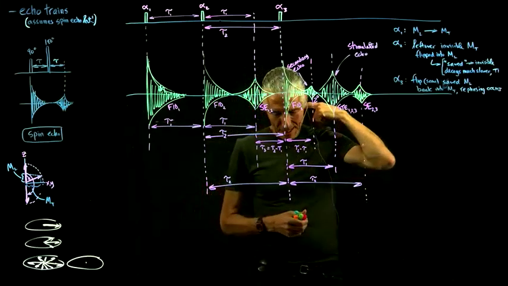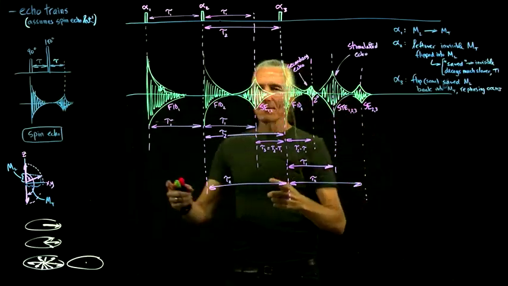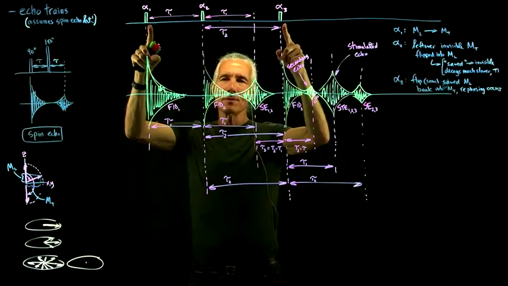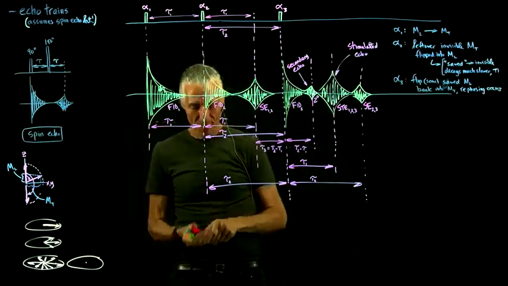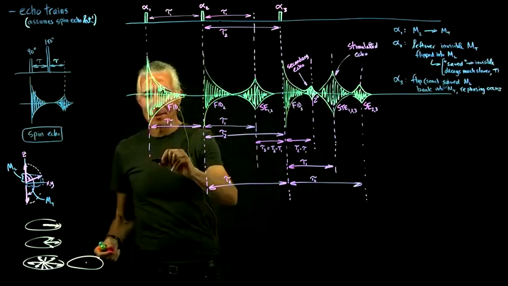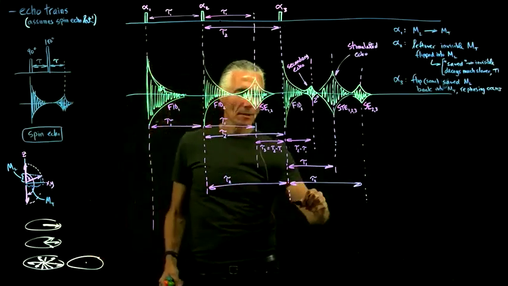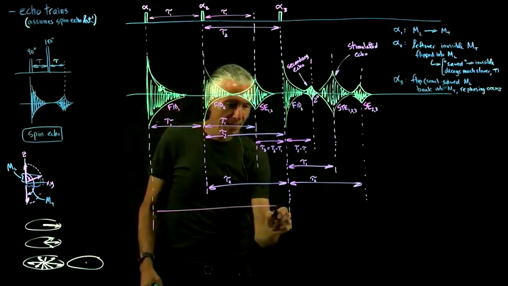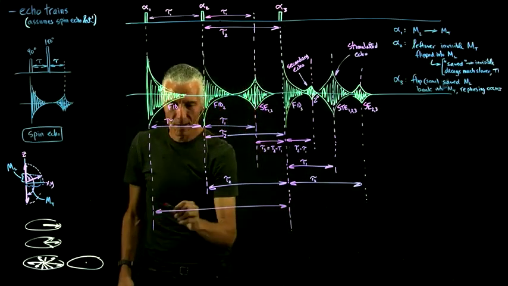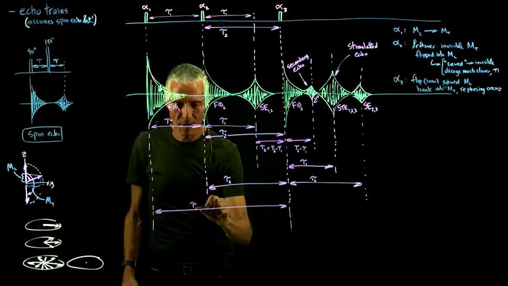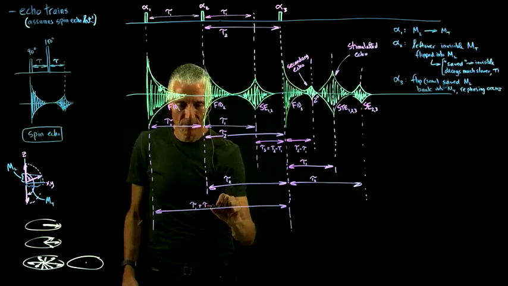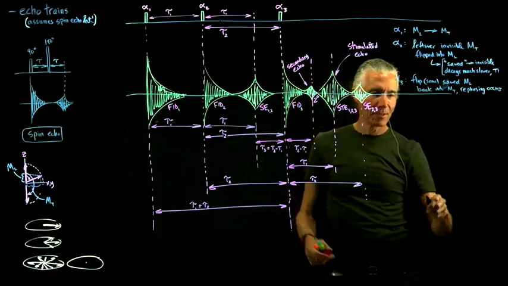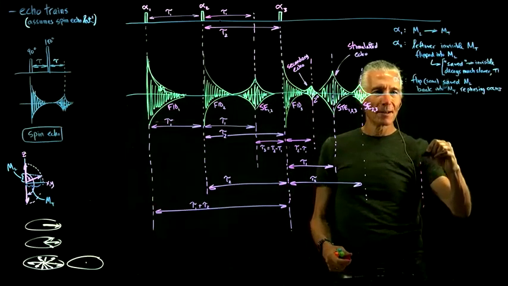And then, last but not least, we did pulse 1 and pulse 3, and so pulse 1 and pulse 3 will make yet another spin echo. So here's pulse 1 and pulse 3. So that time is tau 1 plus tau 2. And so that amount of time afterwards, there's going to be yet another spin echo out here.